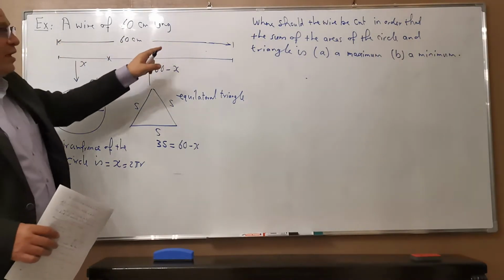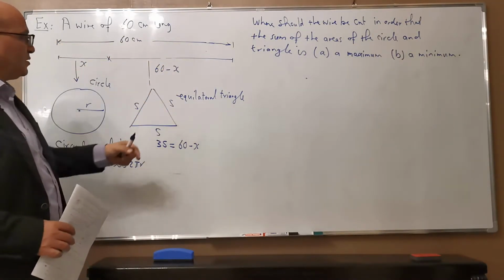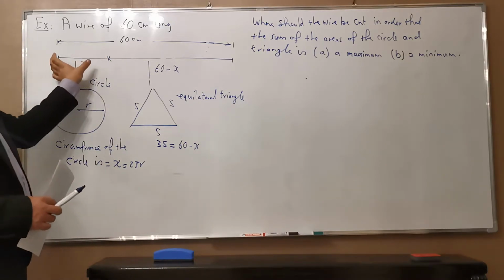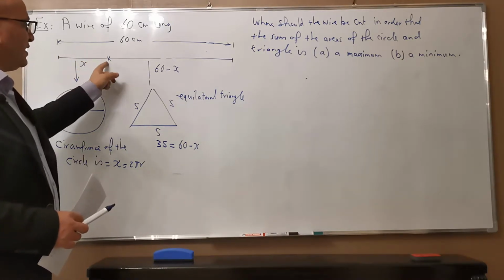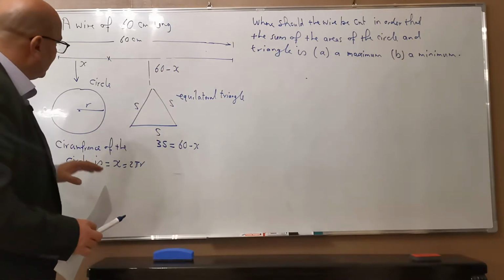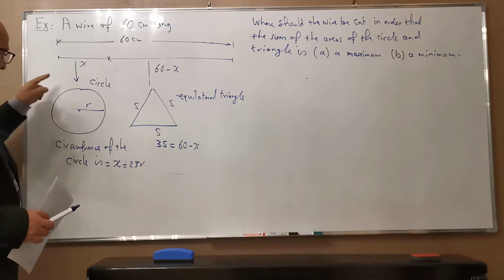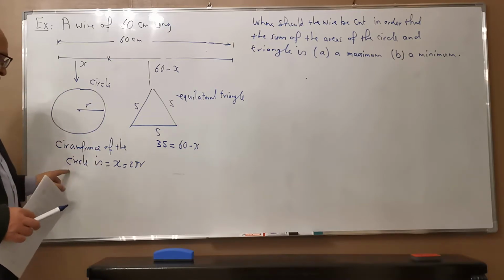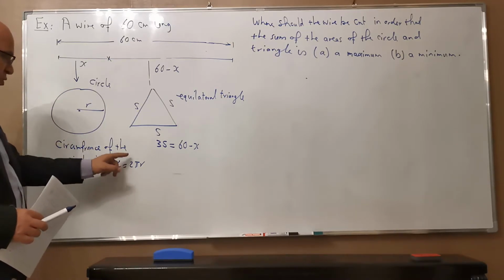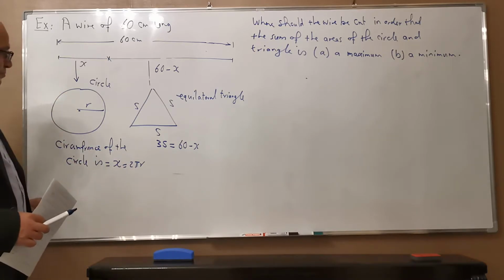You have a piece of wire, its length of 60 centimeters. We need to cut it somewhere. The first part we'll call X. The next part we'll call 60 minus X. From the first part we will make a circle that has a circumference of X, which is equal to 2 pi r.